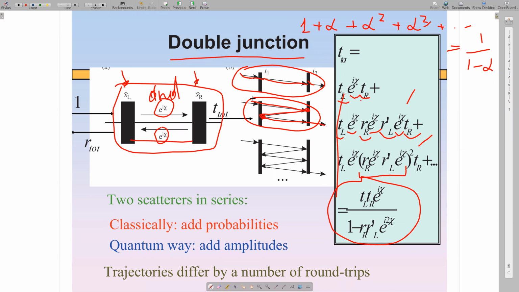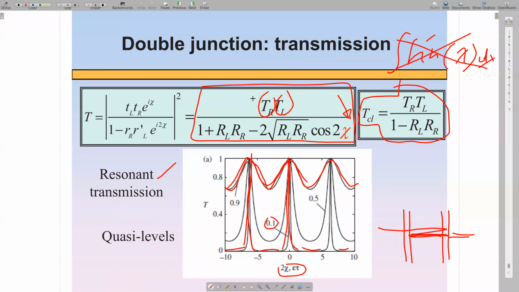In fact, we have many slit experiments here. Slits differ by the number of bounces. So there is some classical term like this. But if you take into account all interference patterns between the slits, we would have the full quantum answer.